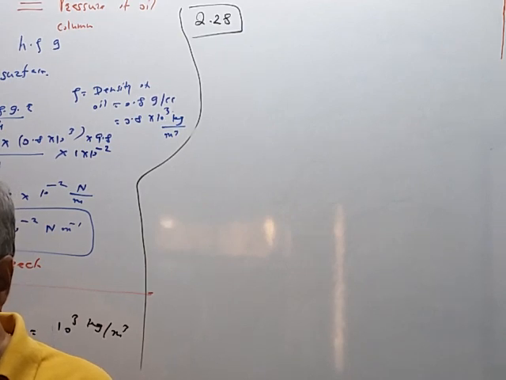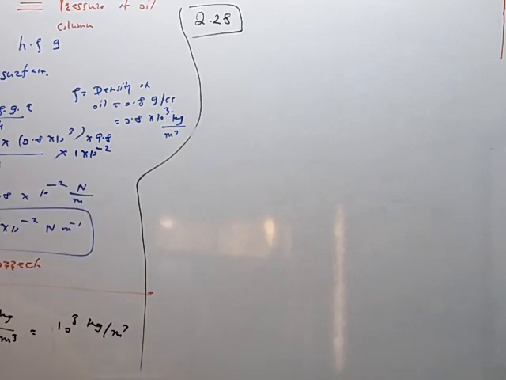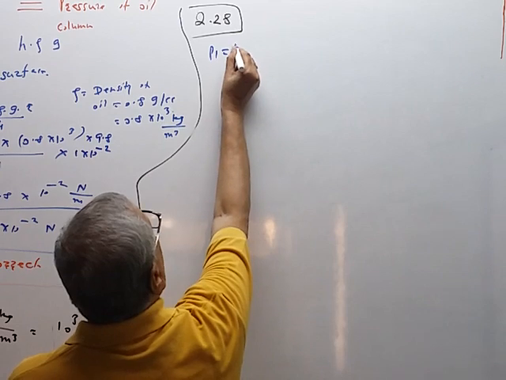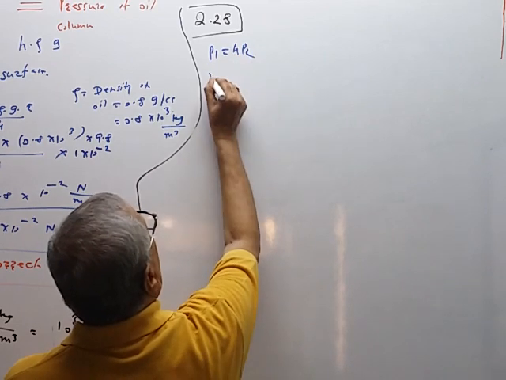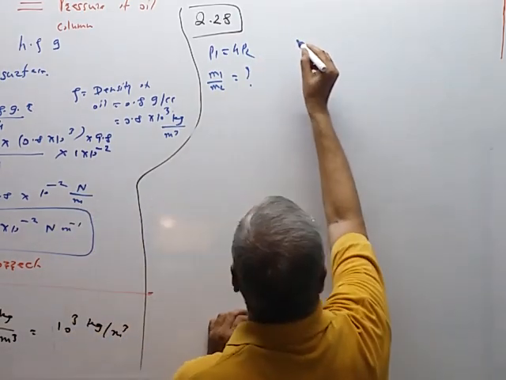Then their respective mass ratio is? So the pressure ratio is given, 4. The given quantity is P1 is equal to 4 times P2, and the mass ratio M1 upon M2 is equal to question mark.